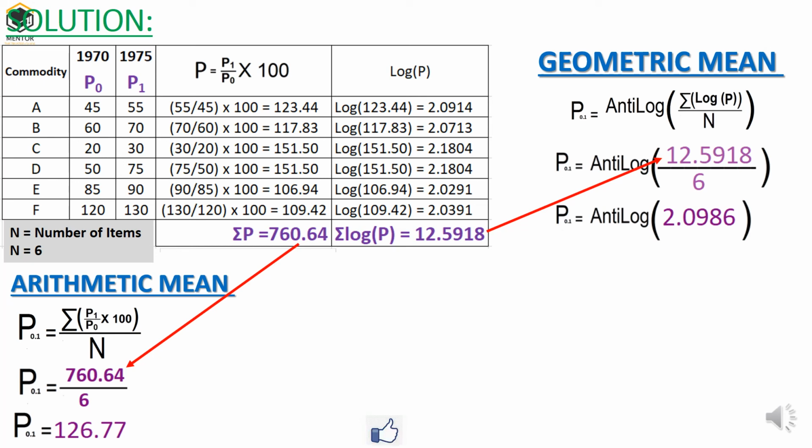If I calculate 12.5918 divided by 6, I will get 2.0986, the average log value of all the price relatives.